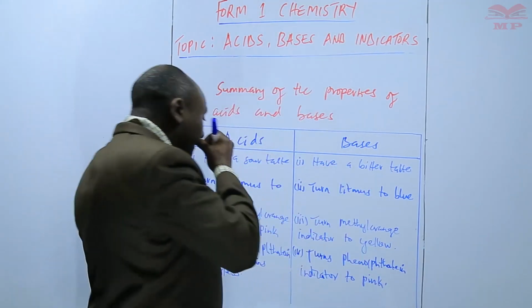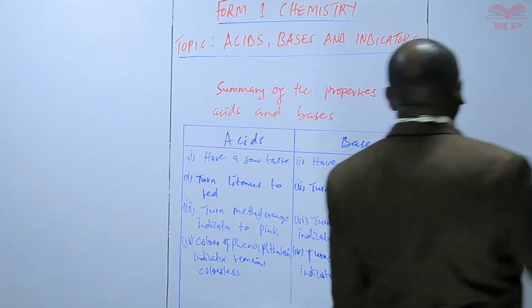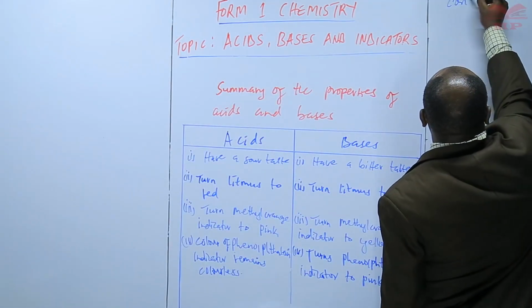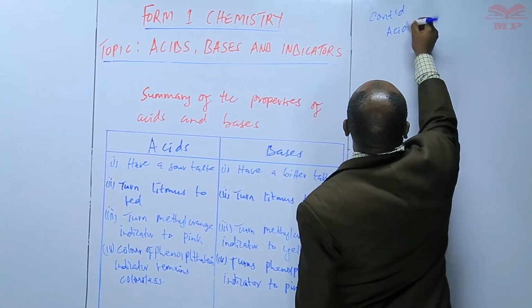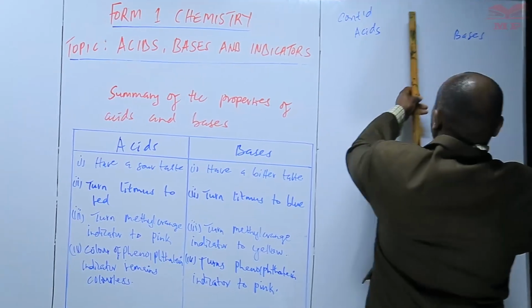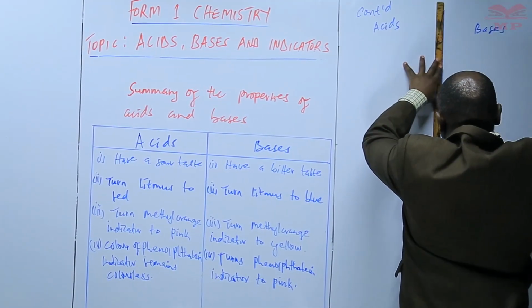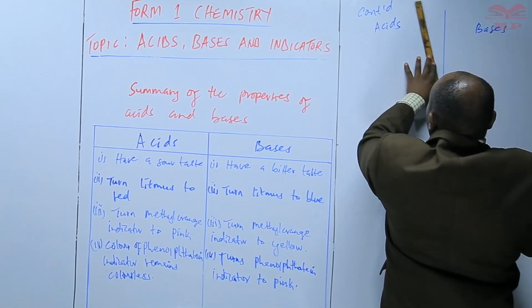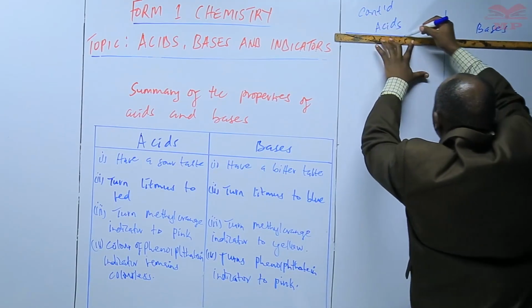So phenolphthalein indicator turns pink with the bases. The comparison continues, acids on one side, bases on the other side. So remember, this is a summary for the acids and bases.